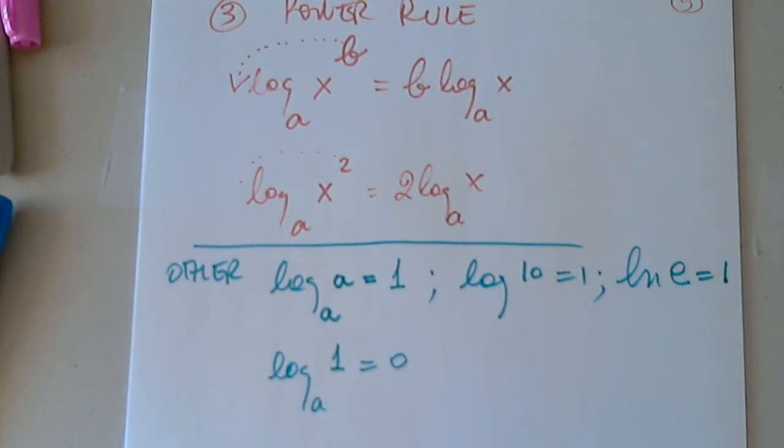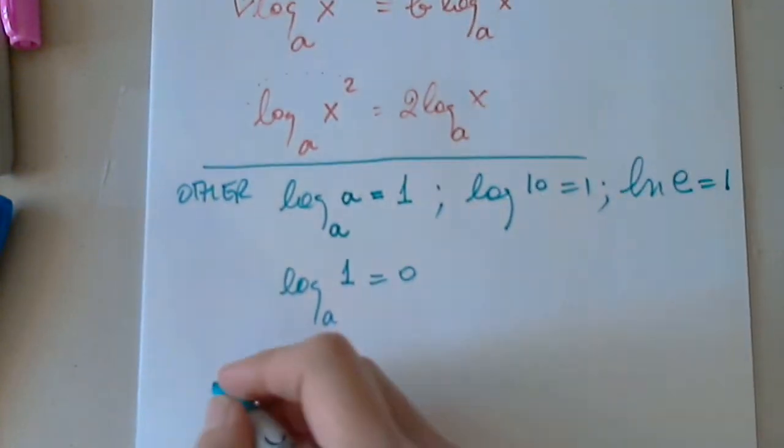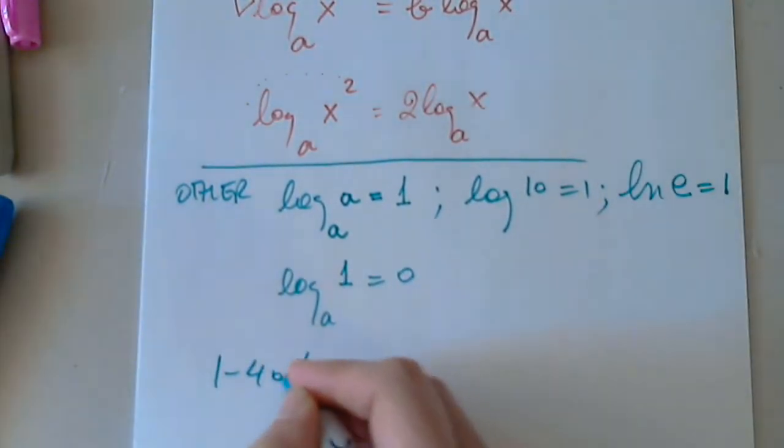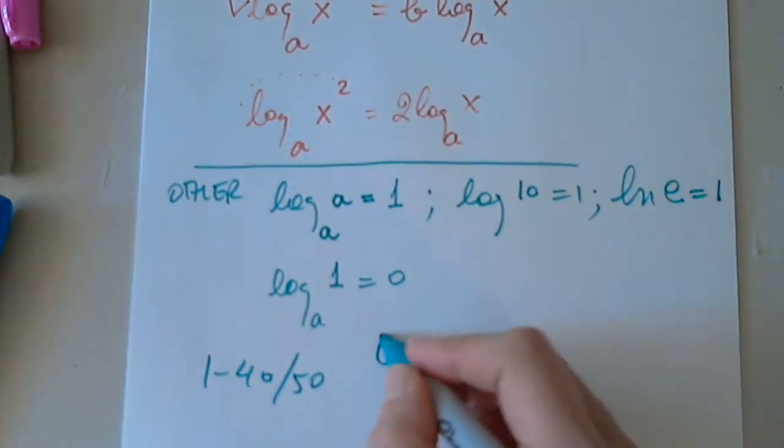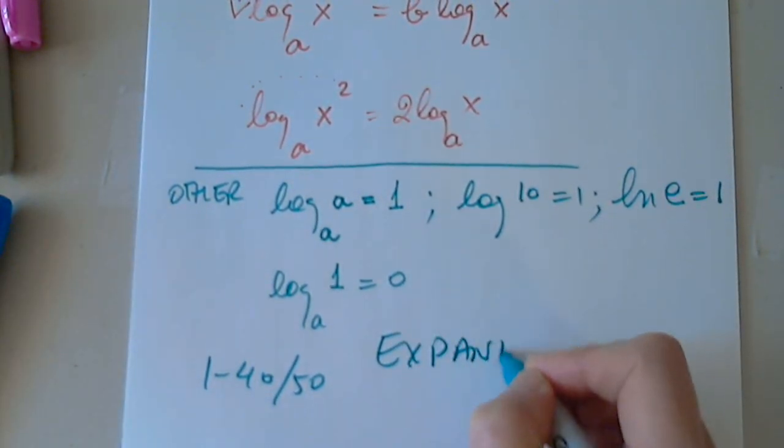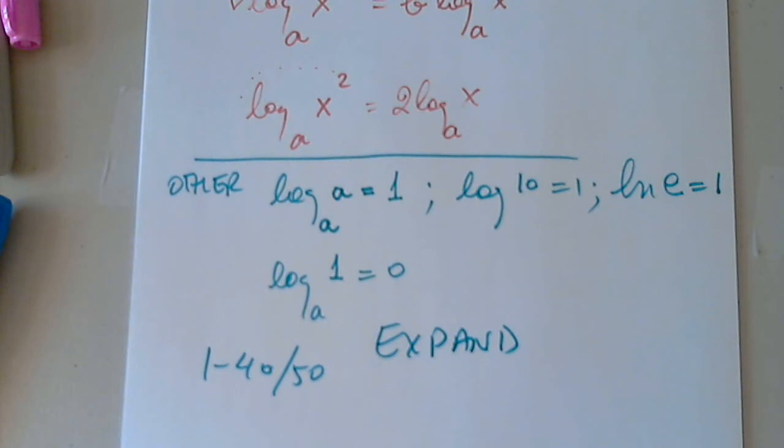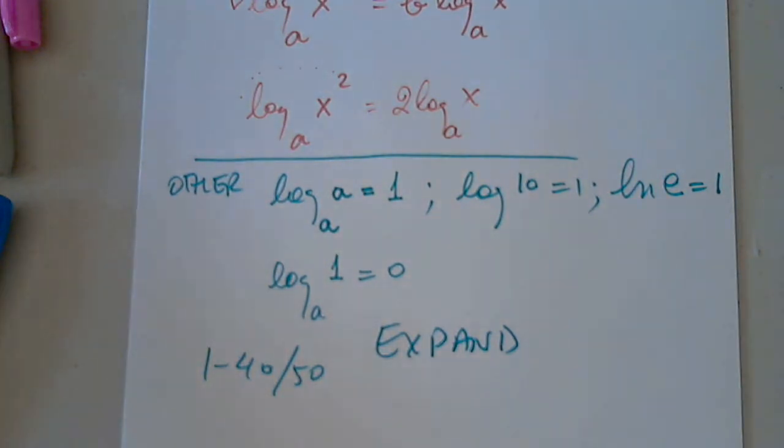Yes, page 501. So please, let's choose from 1 through 40. So here we want to expand. We are going to use all properties, all three properties, and expand a log applied to a complicated expression. Anyone would like to choose?